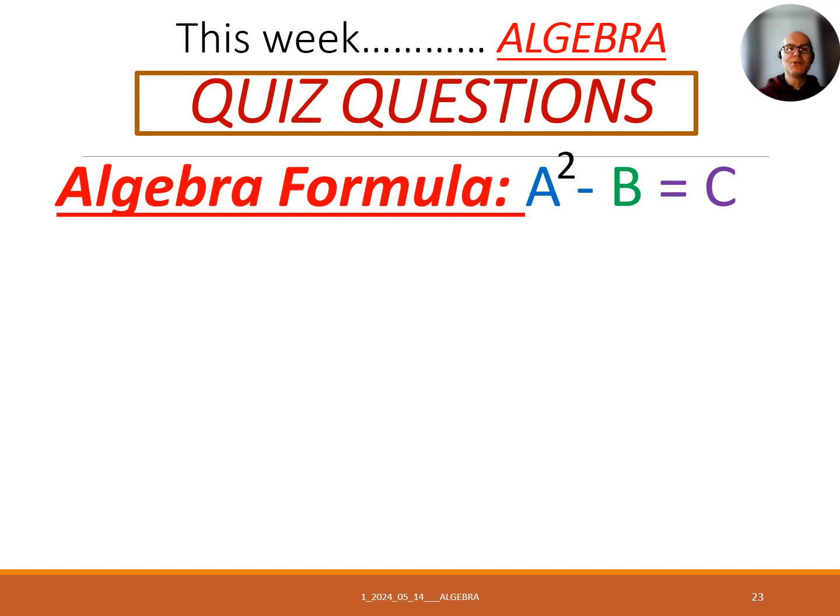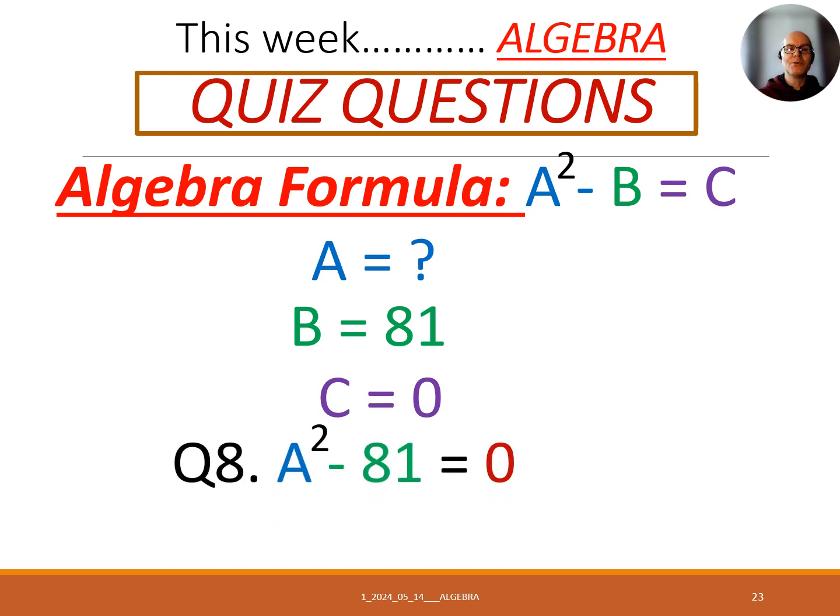Next question. A squared minus B equals C. A is what we're going to try and work out. B equals 81 and C equals 0. So A squared minus 81 equals 0.